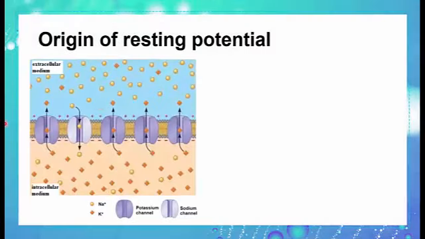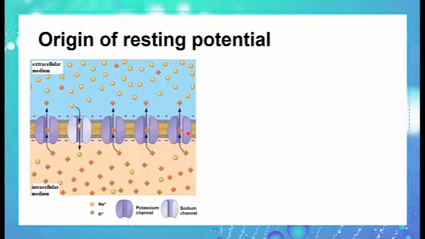Another origin of resting potential, observe well the following figure. The circles are for sodium ions and the squares or the rhombus for potassium ions. As we notice, sodium ions dominate in the extracellular medium and potassium in the intracellular medium. The dark purple are for potassium channels while the light one for sodium channels.